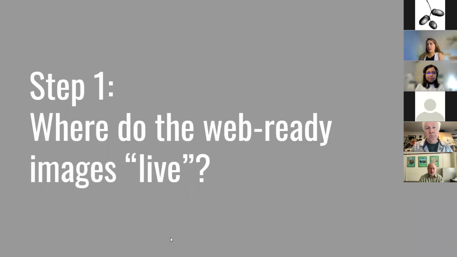Okay, so step 1, where do the web-ready images live? One quick clarification I wanted to make here is that I put this important adjective web-ready in front of the images. What that means is this is a JPEG derivative of your images. You may be making raw images that are like 45 megabytes in size, but that's not going to be helpful for a user looking at those images on a Symbiota portal, because they will take forever to load, even on the fastest connections.